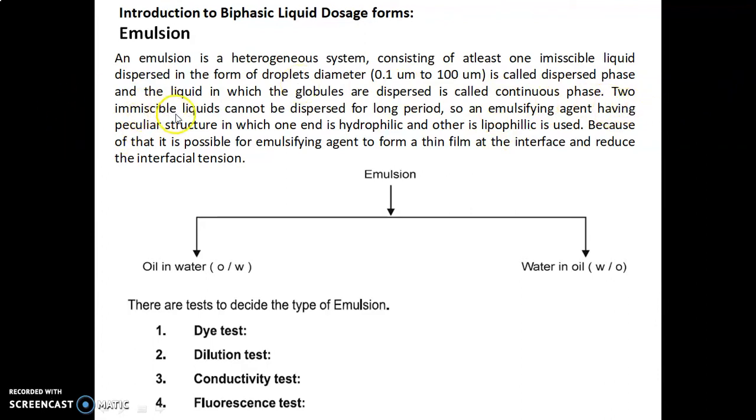The two immiscible liquids cannot remain dispersed for a long period, so an emulsifying agent having a peculiar structure, in which one end is hydrophilic and the other is lipophilic, is used.